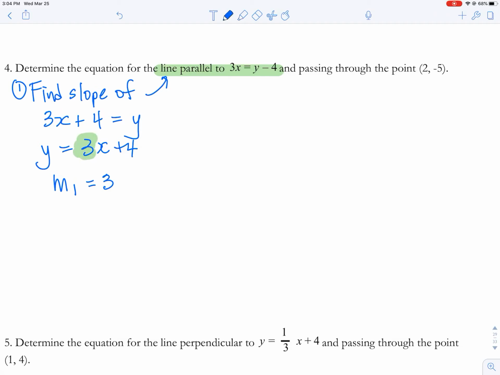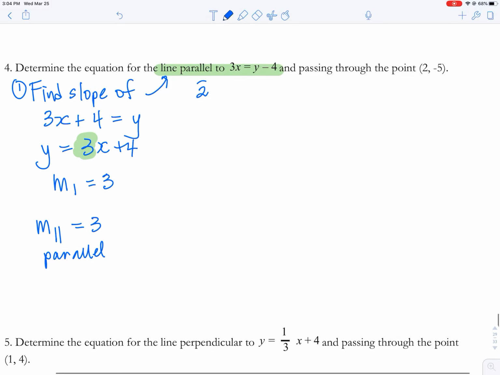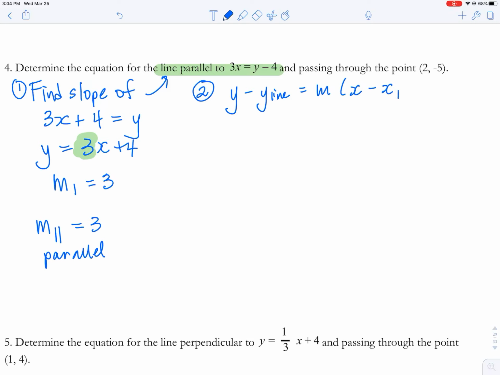And a parallel slope, so my slope that's parallel, would also be equal to 3, because parallel lines have equal slopes. So next thing I'm going to do is find the equation of my line. I'm going to use y minus y1 equals m times x minus x1.